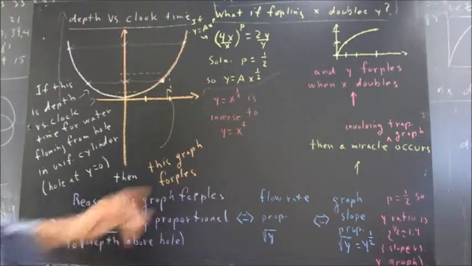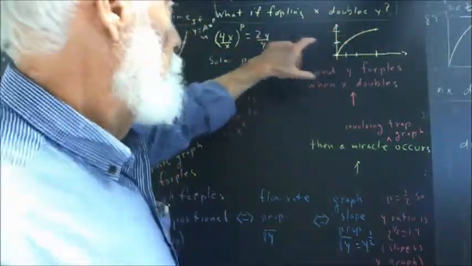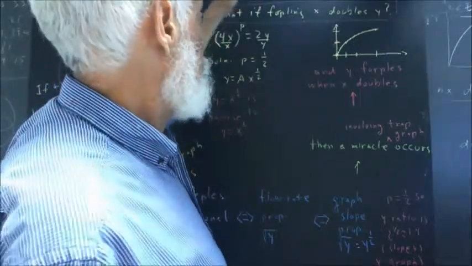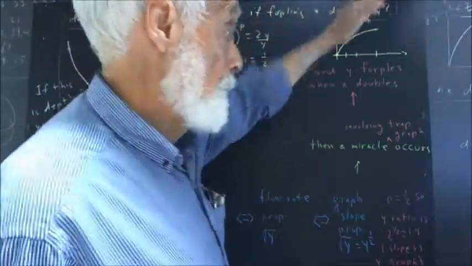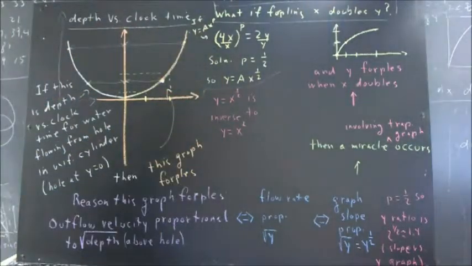Now, in terms of this graph, remember we've reversed the roles of x and y. Instead of forpling y when x doubles, we're forpling x when y doubles. So we've reversed the roles of x and y, and we get this thing called an inverse graph, and that inverse has a property that I'll write down off screen and point out.